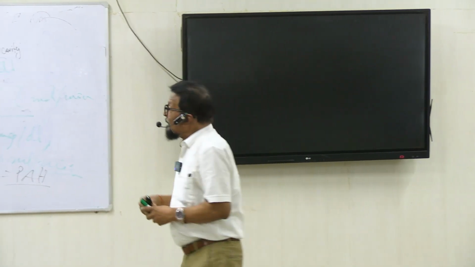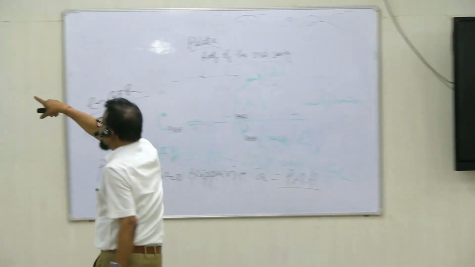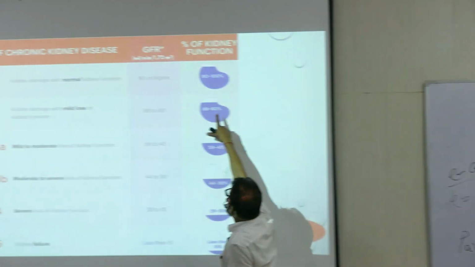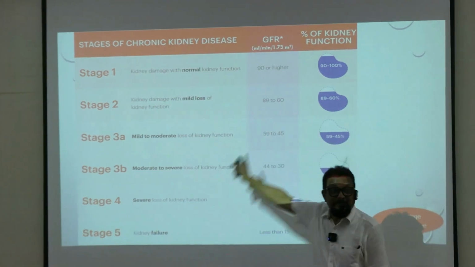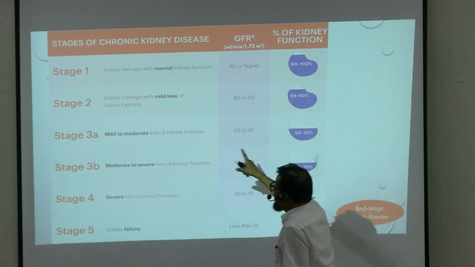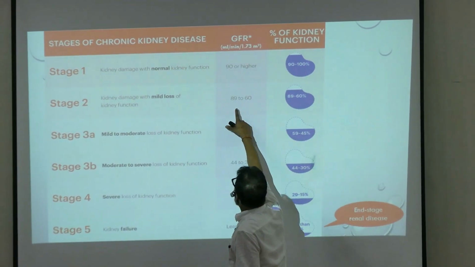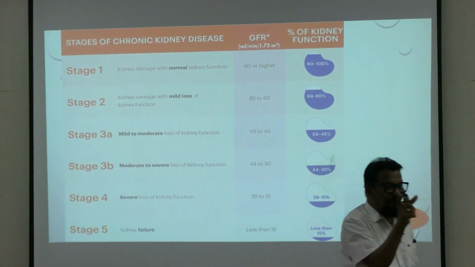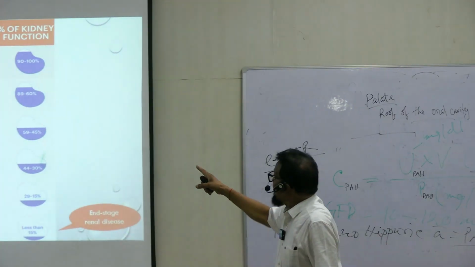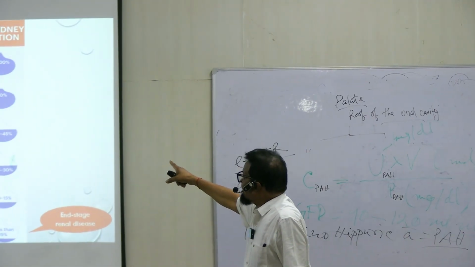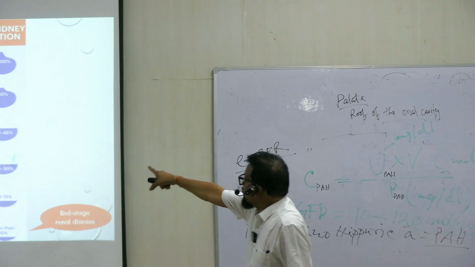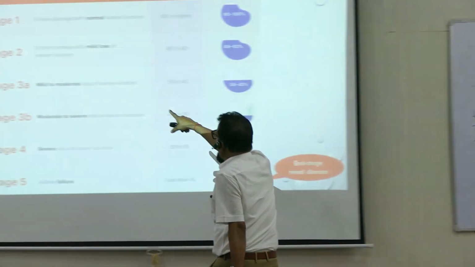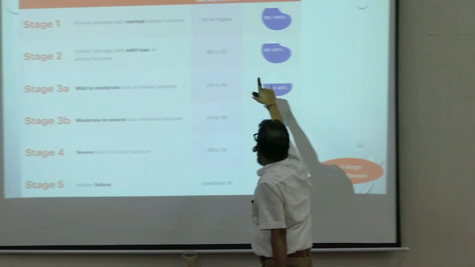Okay, so percent of kidney function, 90 to 100% in that case. Okay, in stage 2, 89 to 60%, if the value of the eGFR is this, 89 to 60%, then we call it stage 2, and there is mild loss of kidney function.